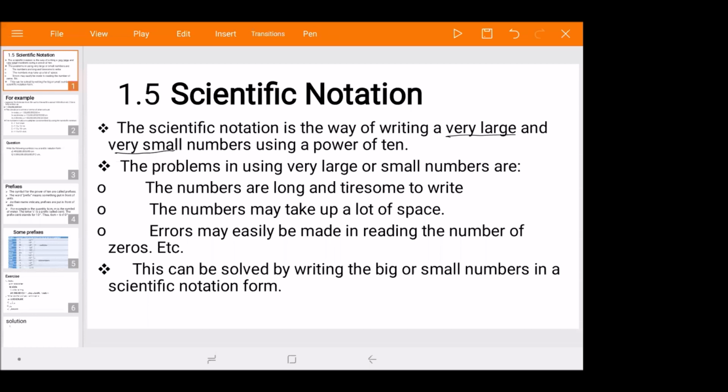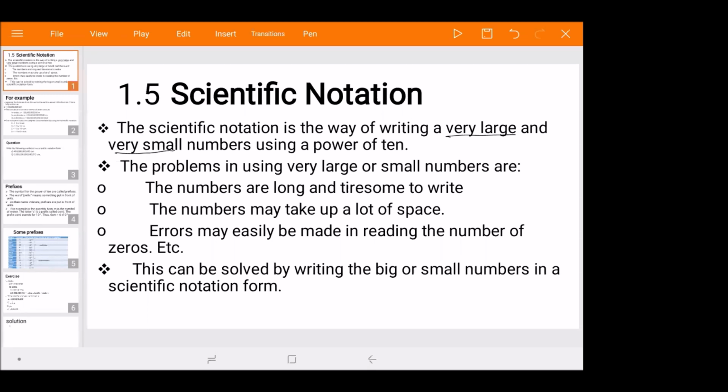When we write a very large or very small number, there are some problems. For example, the numbers are long and it takes time to write.